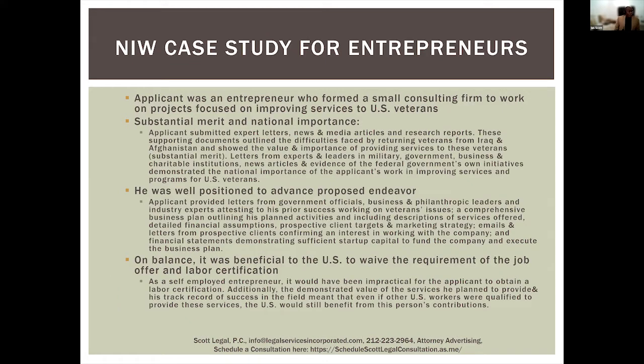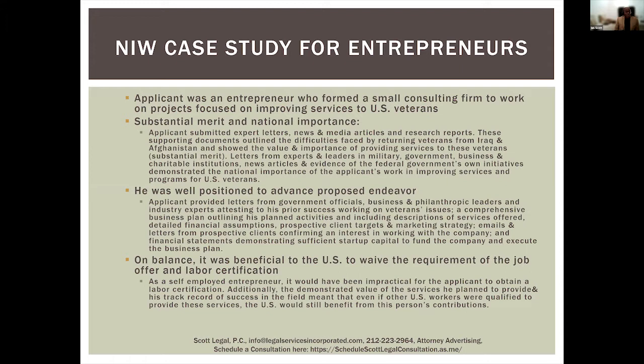What's interesting here is an example of someone who applied for a national interest waiver and was denied, and then they sued the U.S. government, and then they were approved. It was an applicant who started a consulting company, and the focus was on providing services to U.S. vets.